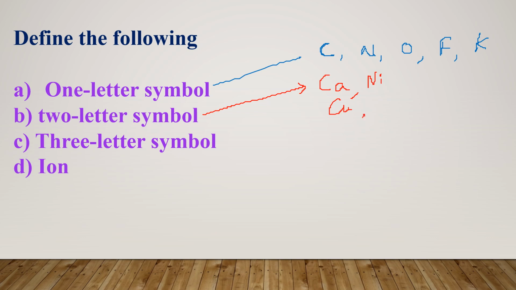So Cu, then Ce, then Cs, then Cr. Like this, we have Co, cobalt. So we have different names. Generally, we use the second letter to represent different symbols, because the first letter is engaged, then we go for the next letter.